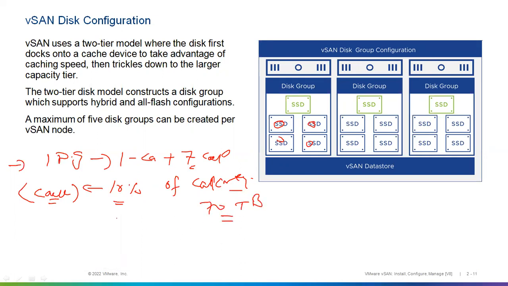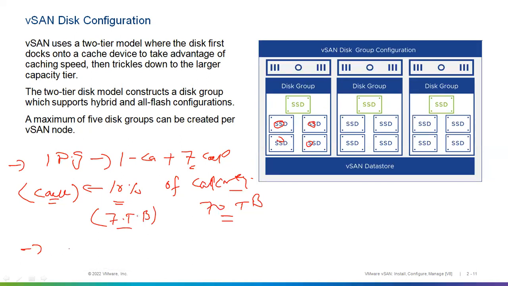Then we should have 7 TB of cache. 10% is recommended. Even if you have more than that, that's also fine. But you don't need to spend an equal amount whenever you are making a purchasing decision. Definitely it will reduce your cost. You should not take an equal size of cache.